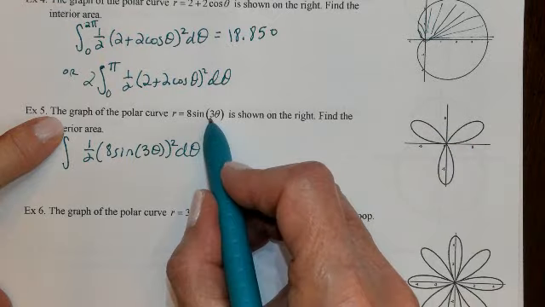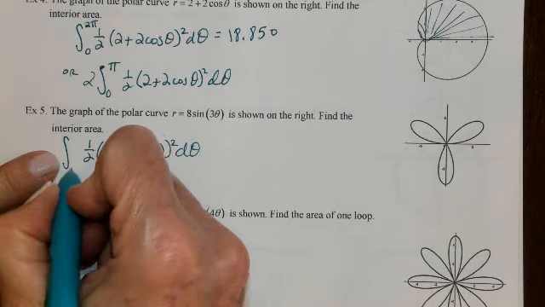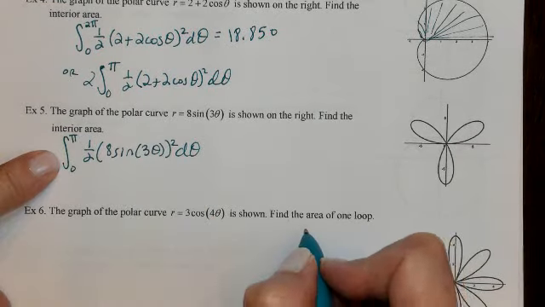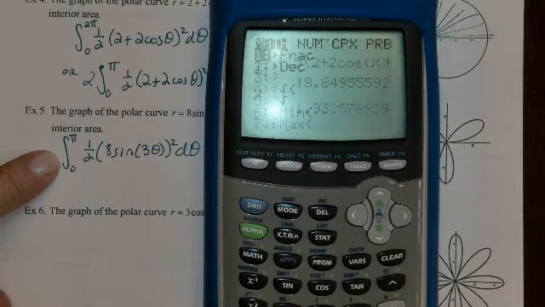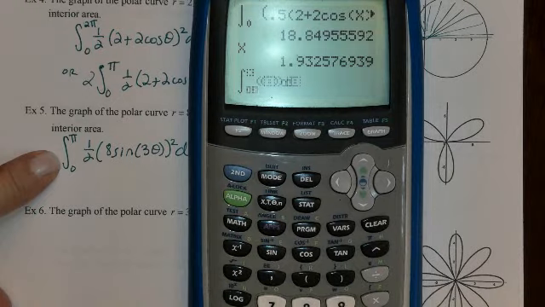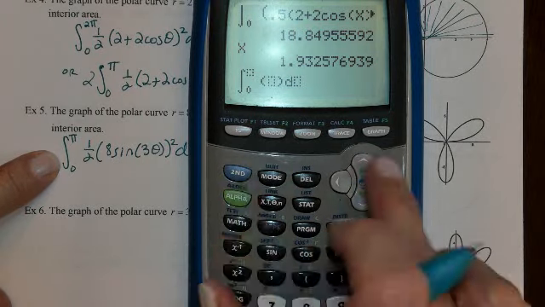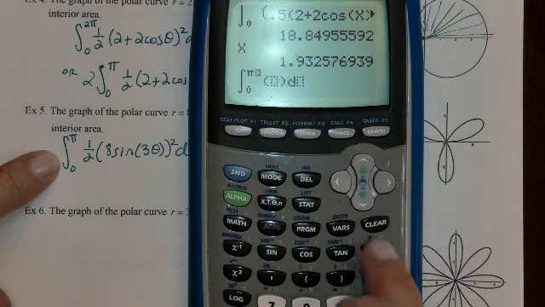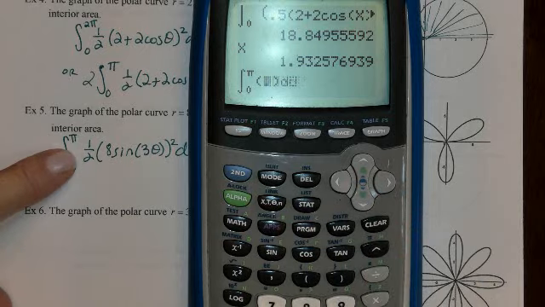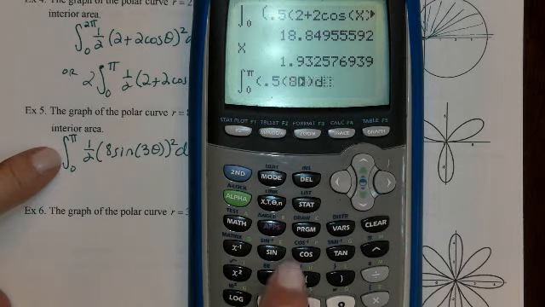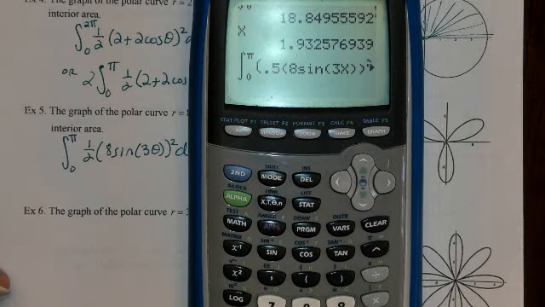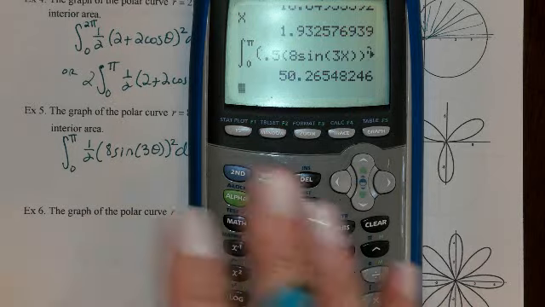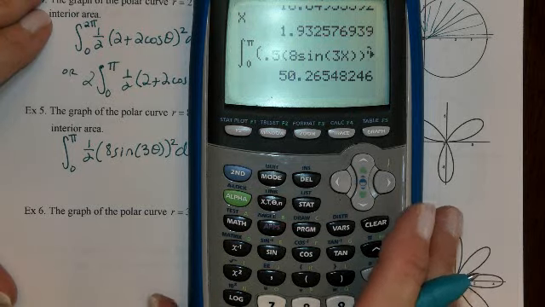Well, this is an odd numbered petaled rose, so 0 to pi, right? Okay, math 9, 0 to pi of 1/2 (8 sine 3 theta) squared dx. I'm kind of scared I'm going to make a mistake now. Okay, 50.265.